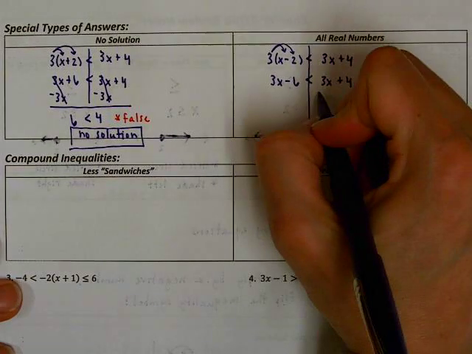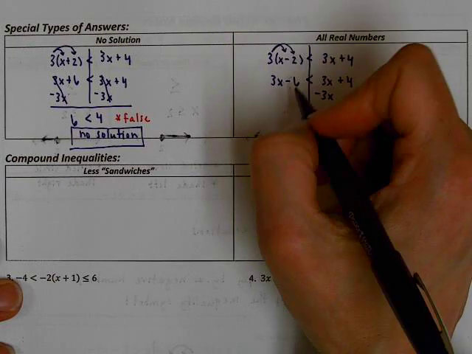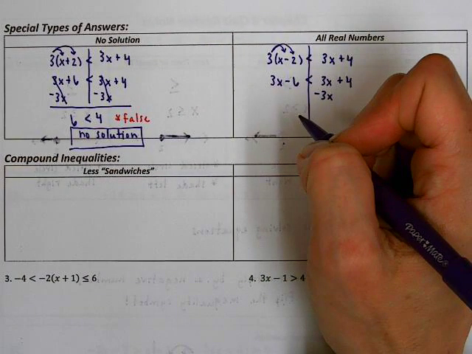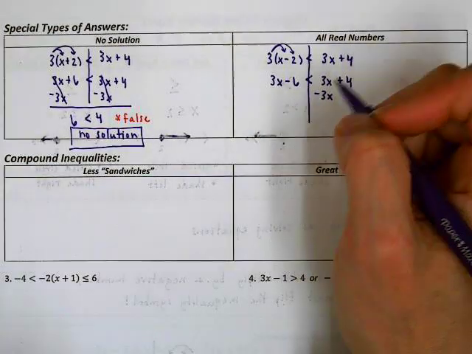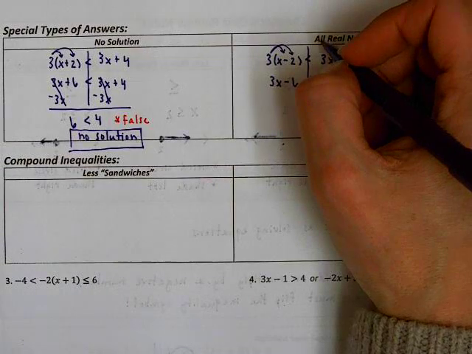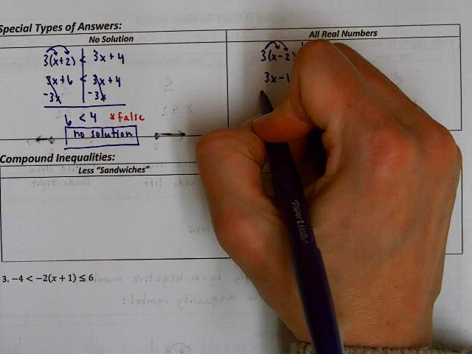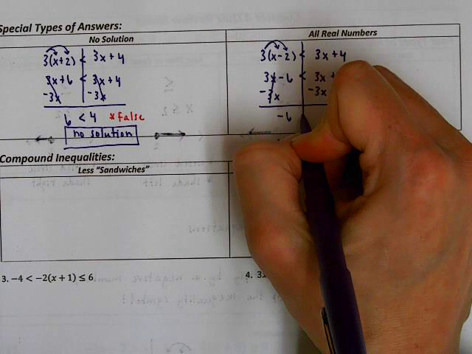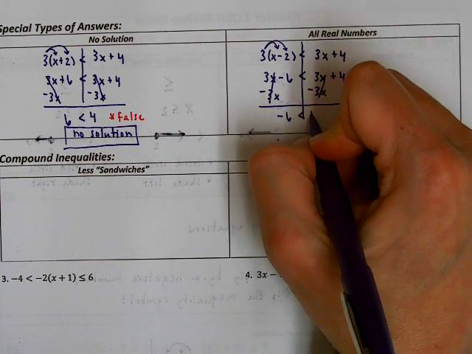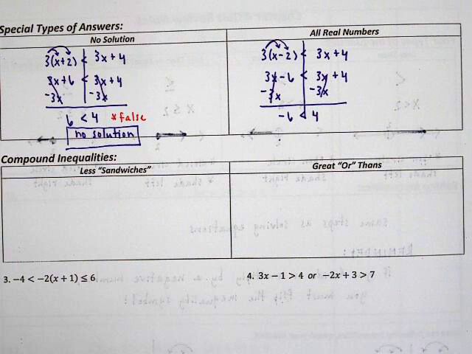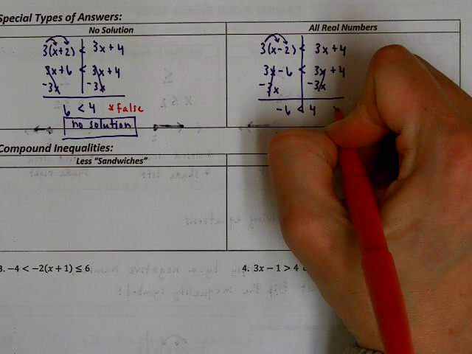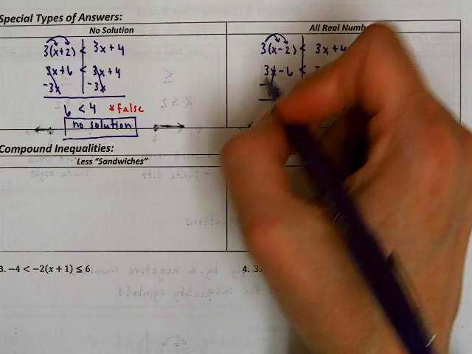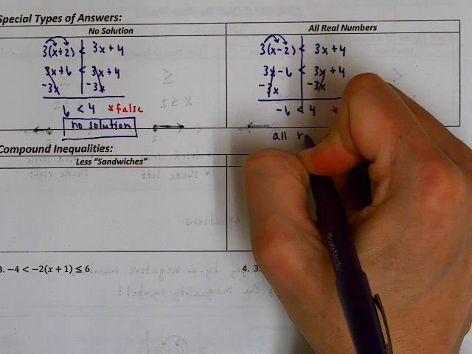Again, I want to move my x's, so I'm going to subtract 3x on both sides. And now I have negative 6 is less than a positive 4. I know that negative 6 is less than 4. That's a true statement. So in this case, my final answer would be all real numbers.